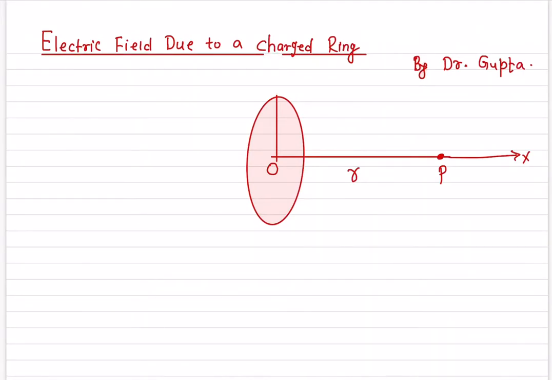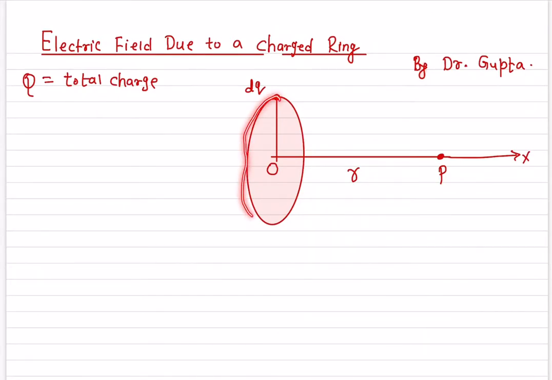Let me erase this one. Okay, so we're going to take an elementary charge right here at this point. We call that elementary charge dq. The total charge Q is the total charge.